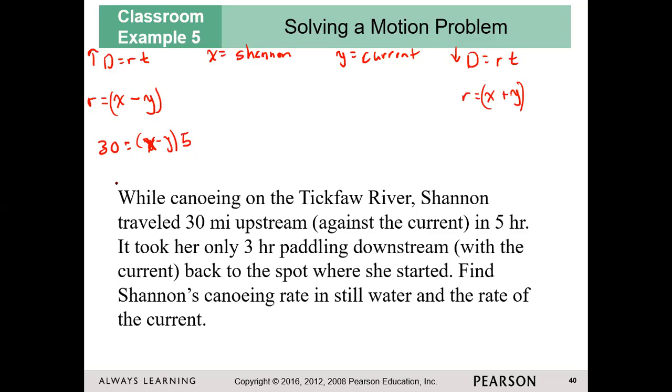So if we divide both sides by 5, we get 6 is equal to X minus Y. So there's that equation. Over here, we have 30 is equal to X plus Y times the 3 hours it took to get back. And if we divide both sides by 3, we get 10 is equal to X plus Y.